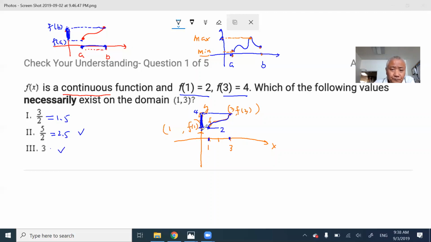We don't know if that value will be taken by the function or not. Maybe, maybe not. We're not guaranteed, but we do guarantee these two values will be in the range of the function.